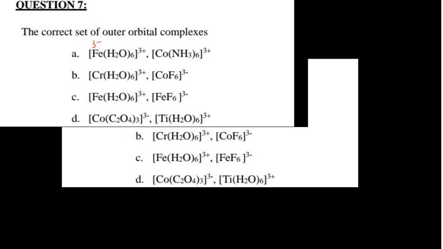Iron is in +3 oxidation state, cobalt is also in +3, chromium is also in +3, and again cobalt is in +3. Iron we have already done. In that case iron is in +3, cobalt is in +3, and titanium is in +3. This question is quite a good question, and it will take at least 5 minutes to explain.